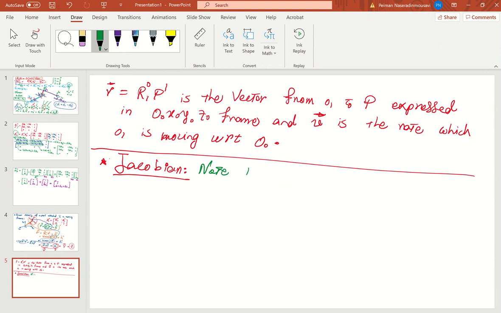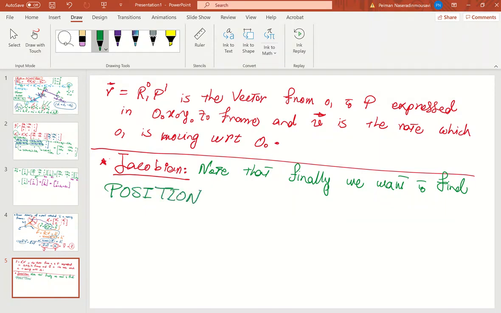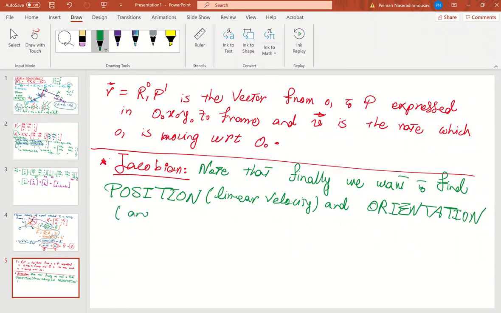Note that finally we want to find position, say linear velocity, as I explained, and orientation means angular velocity.